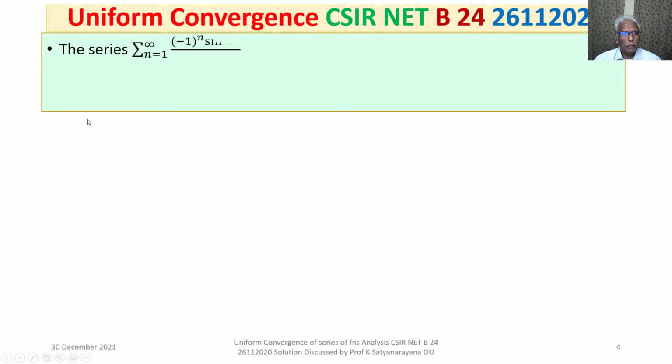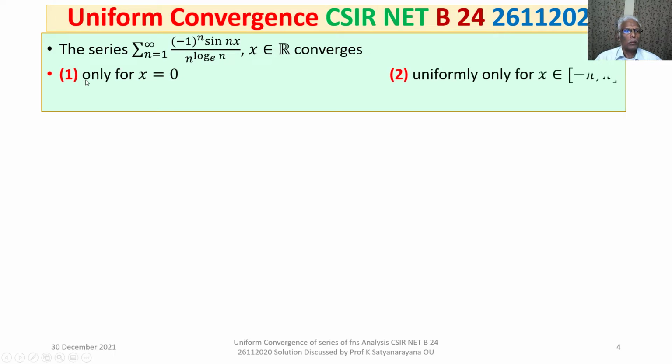The problem is: the series sigma n equals 1 to infinity (-1)^n sin nx by n^(log n), log to the base e, where x belongs to the set of real numbers, converges. Option 1, only for x equal to 0.